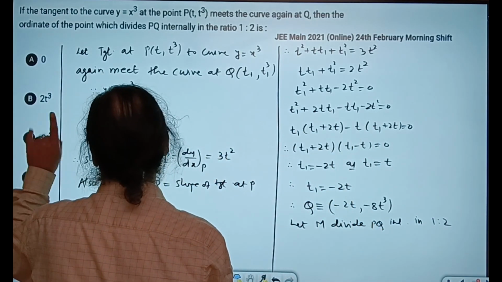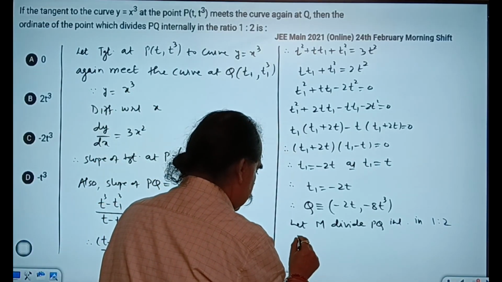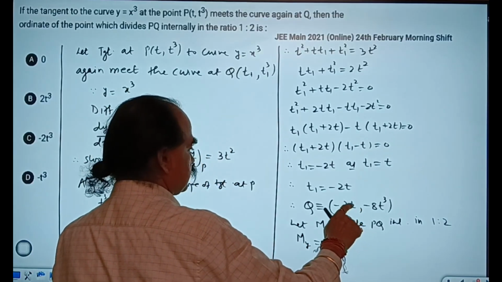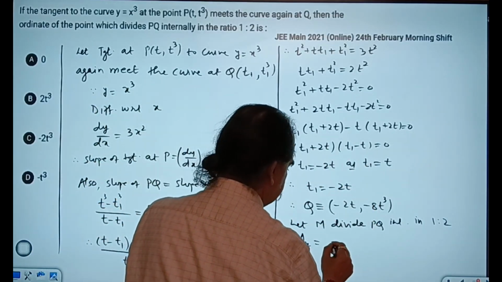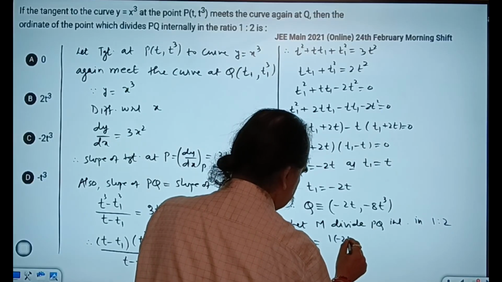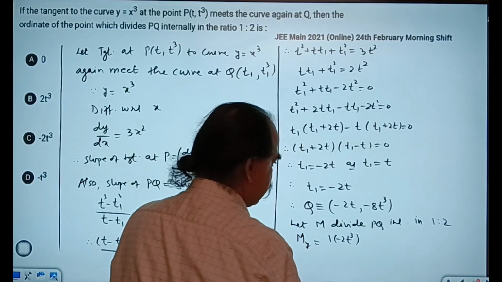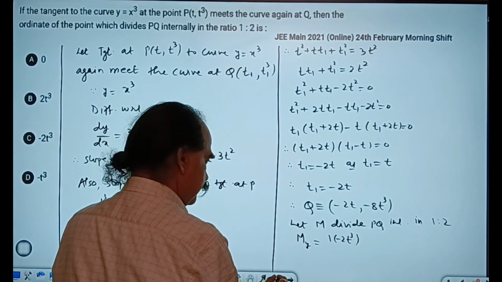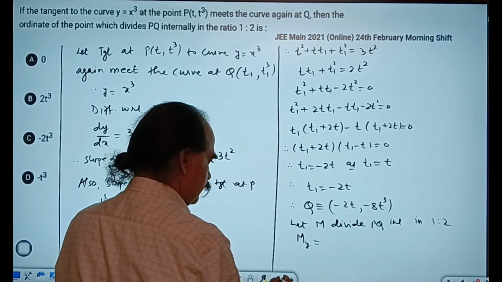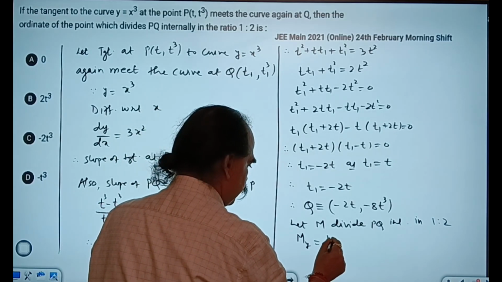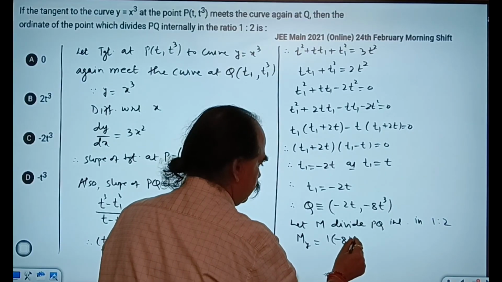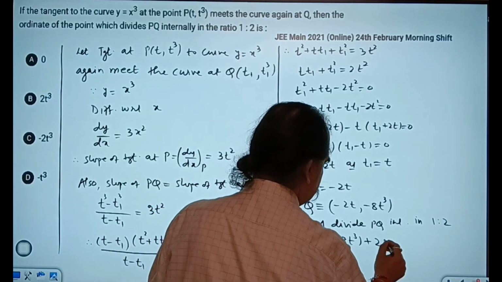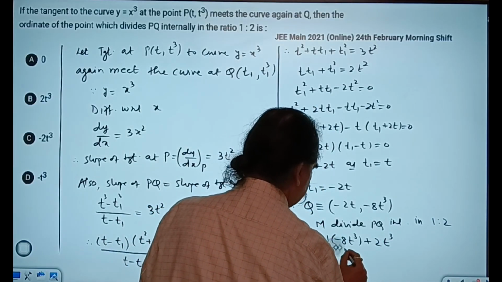We are just interested in the y coordinate of N. Ny is equal to 1 into minus 8t cube plus 2 into t cube, upon 1 plus 2.